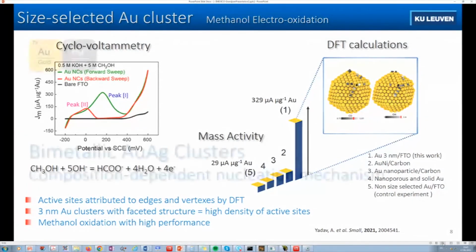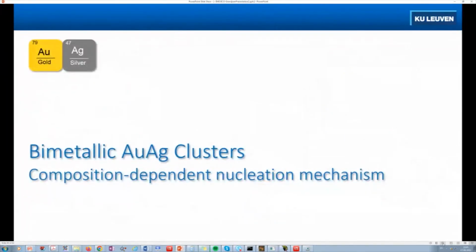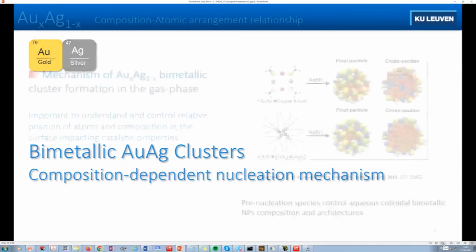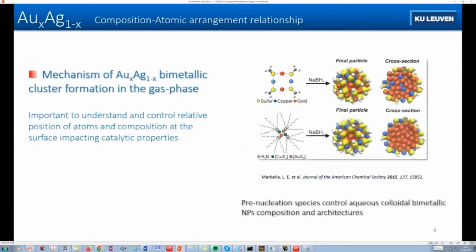The second example I wanted to show you is the gold silver. This is the work of Tinway, and we were interested in the composition-dependent nucleation, because as I said, you need to know where the 2 atoms are going when you have a bimetallic, and how they are arranged.